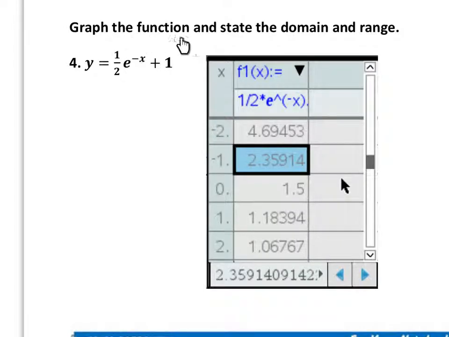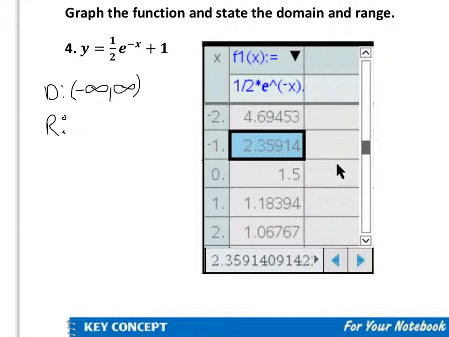It says graph the function and state the domain and range. Well, domain is the easy one every time: negative infinity to positive infinity, all real numbers. The range, well, normally it's y is greater than 0, but we have this plus 1, so that means all real numbers when y is greater than 1.